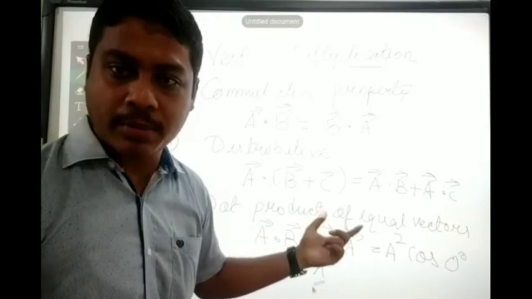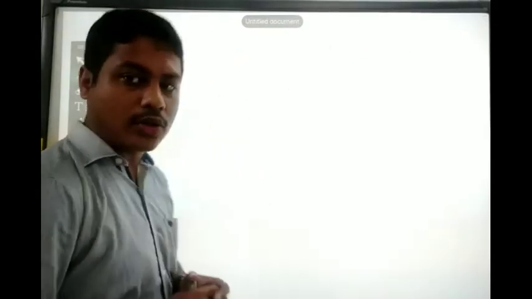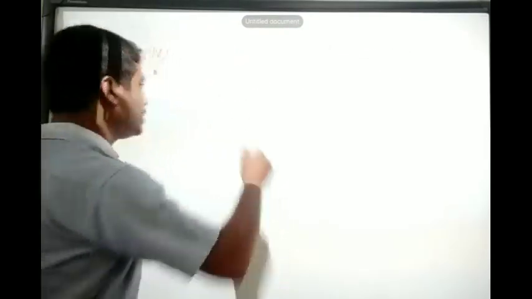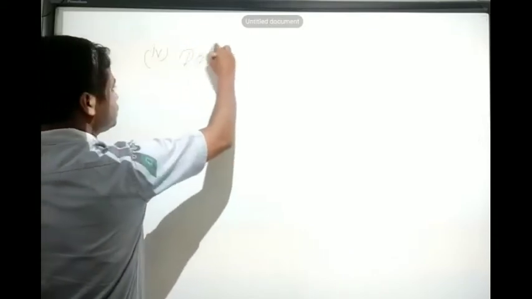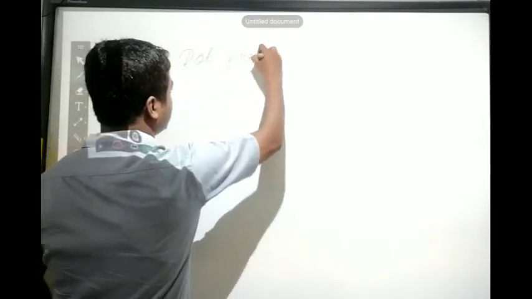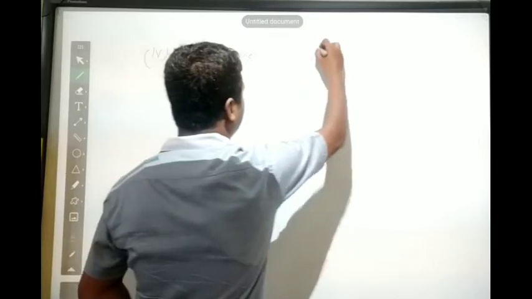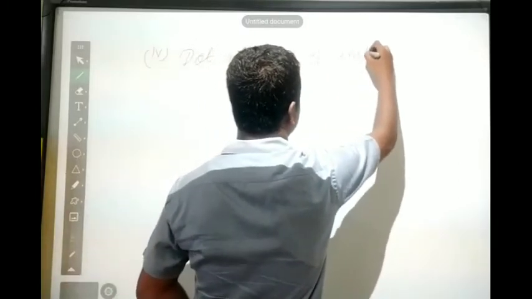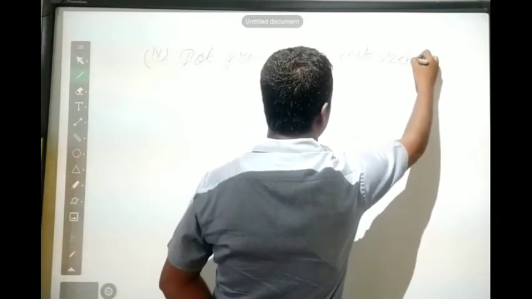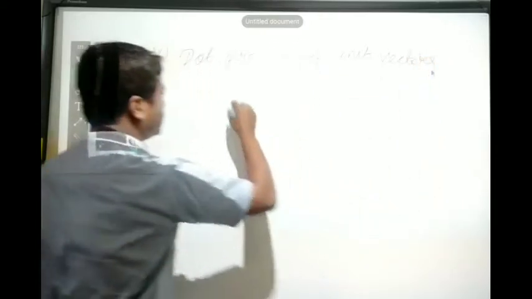Property number 4. Dot product of unit vectors.